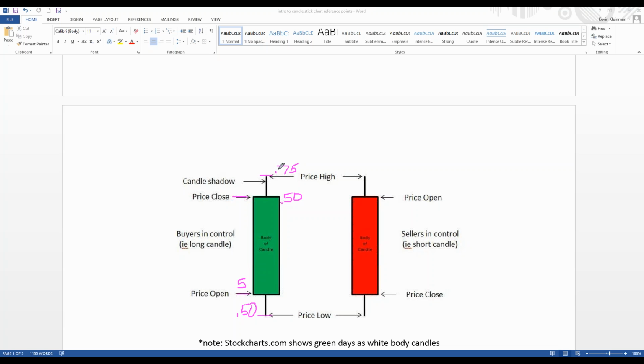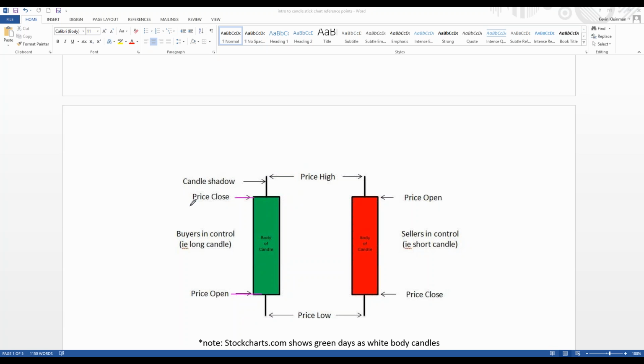Because it went as high as $5.75 and as low as $4.50, you have wicks. But since it opened at 5 and closed at $5.50, the body of the candle only makes up the open to closing range. And again, on a green day, the bottom represents the open and the top represents the close.